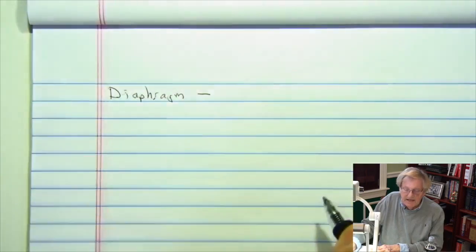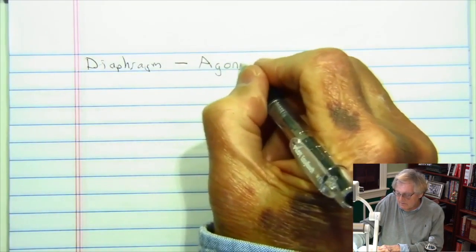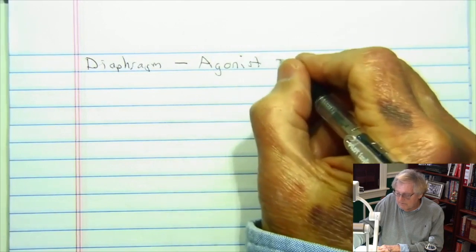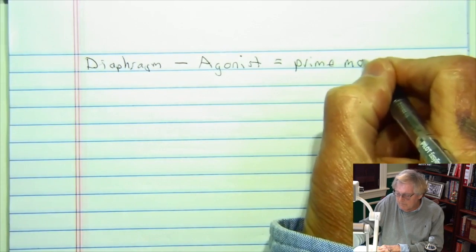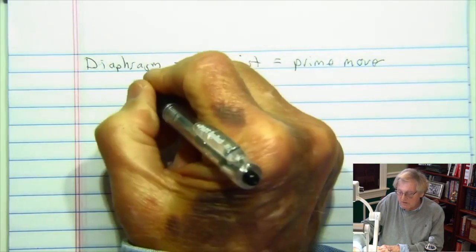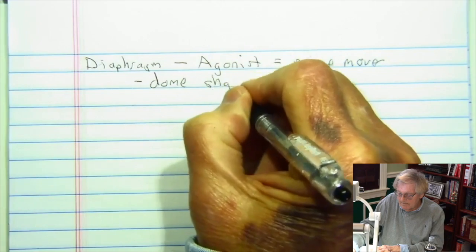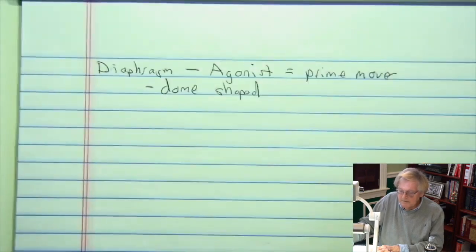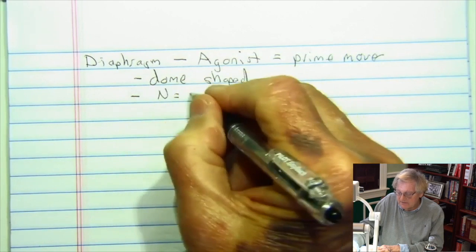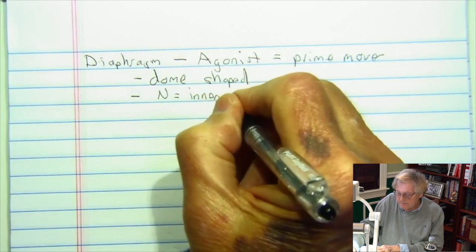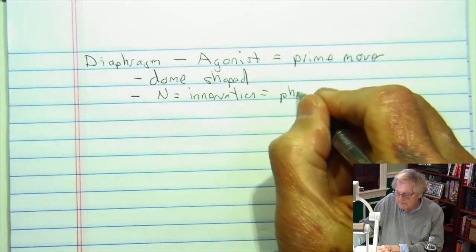Just remember that the diaphragm, again, is the agonist or the prime mover for respiration. It's also called the dome-shaped muscle. It's also going to have a nerve supply, the N, or the innervation, equals the phrenic nerves.